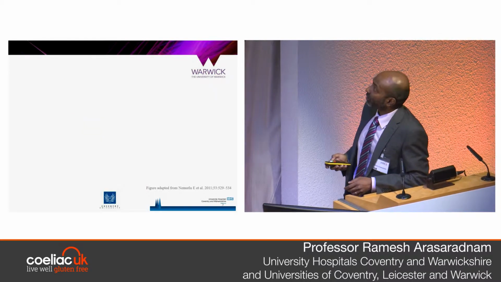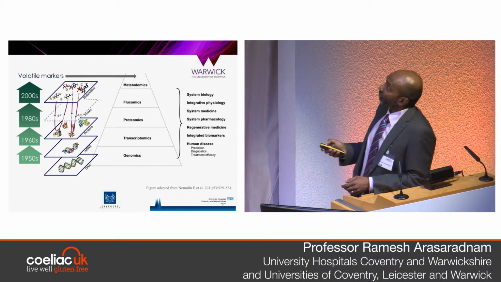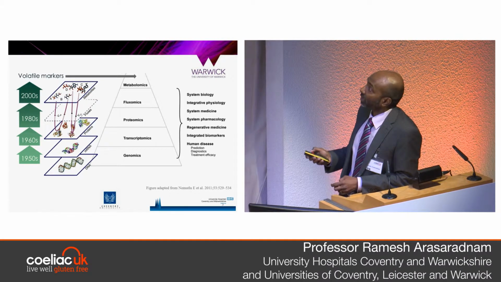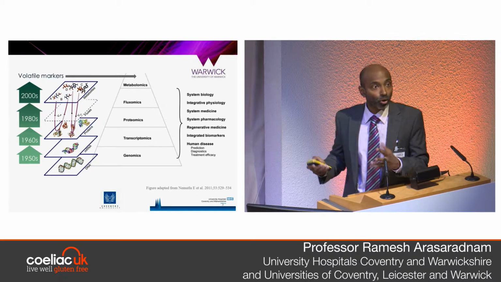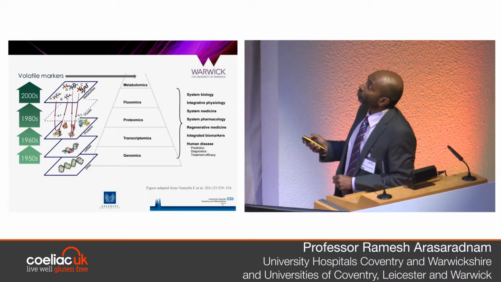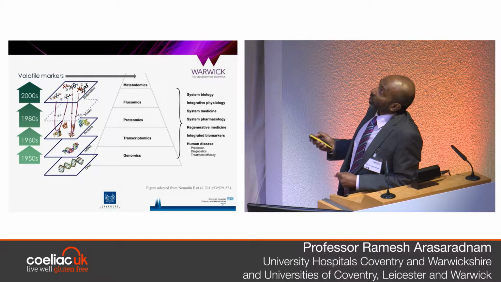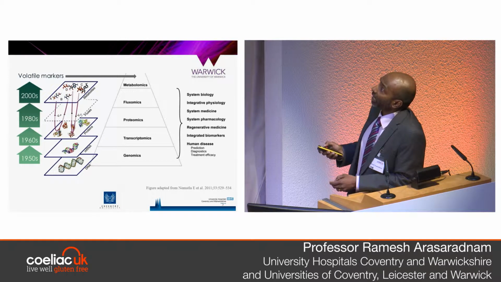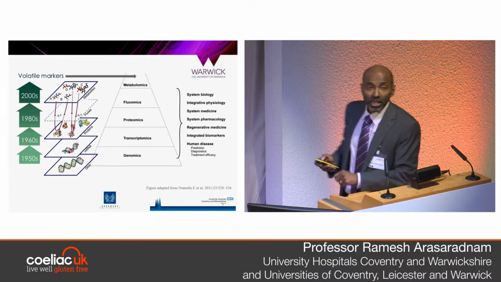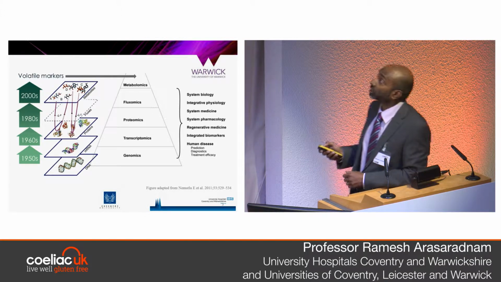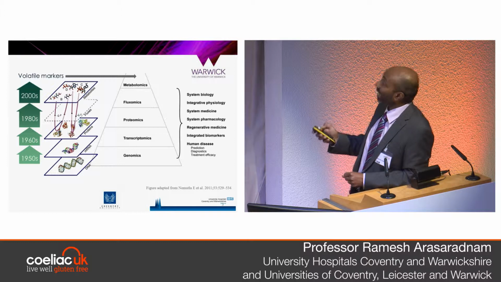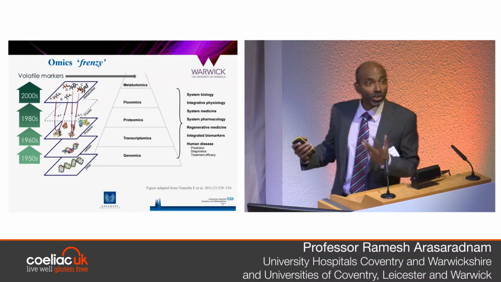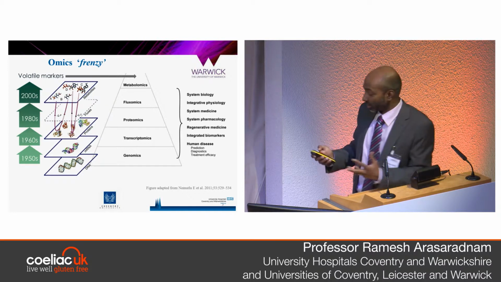Okay, so you must all be familiar with this pyramid structure, with the base starting with genomics, which was really the hot topic in the 1950s, moving on subsequently after two or three decades to looking at the protein and so on and so forth. And likewise now, coming up to 2020, I'd like to introduce what I think is the apex of this triangle: volatile markers, because I want to join in the omics frenzy, as I call it.